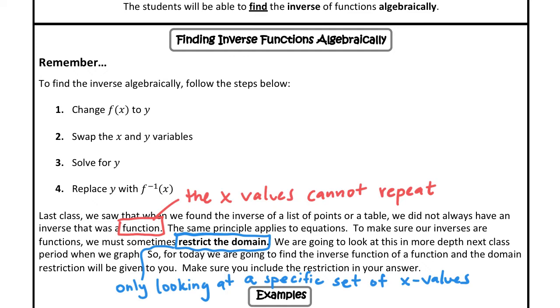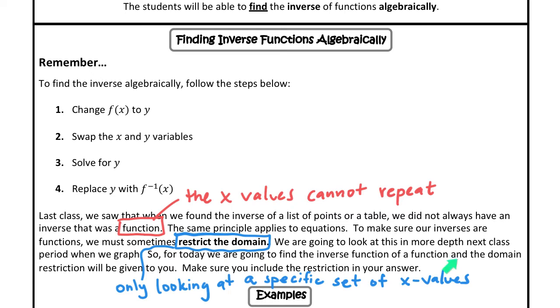And we're going to go more in depth next class when we graph. So restricting the domain makes more sense when we're graphing. But for now, I'm just going to say restricting the domain means only looking at a specific set of x values. So for today, we're going to find the inverse function of a function, and the domain restriction will be given to you.